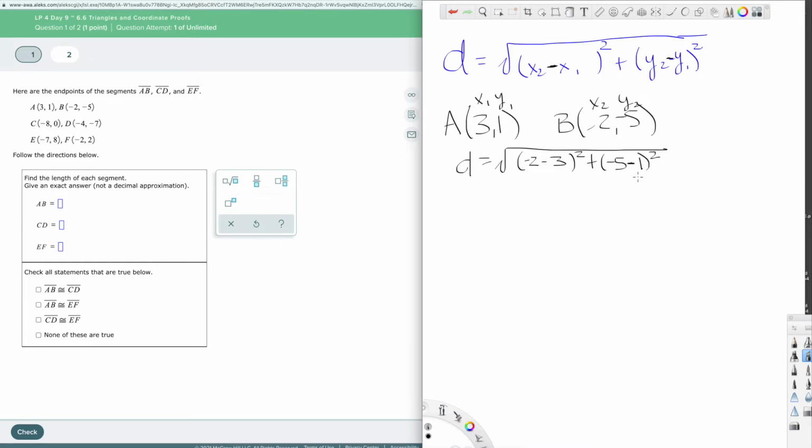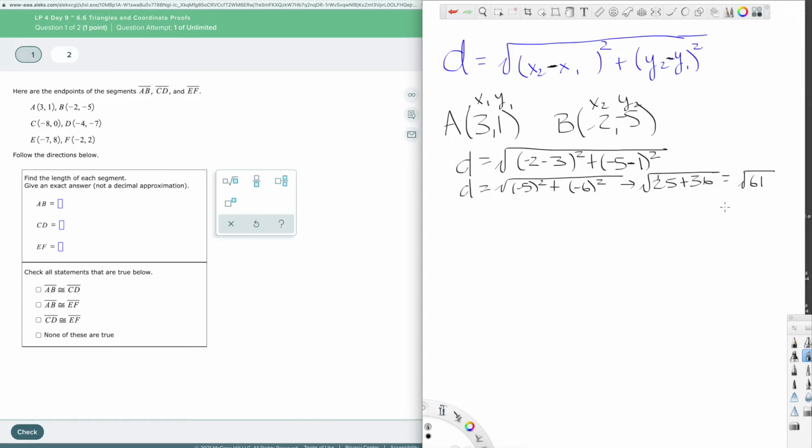So now I have distance equals -2 minus 3 is -5, plus -5 minus 1 is -6. I'm just going to write this way so I have a little more room. So this is going to be the square root of 25, -5 squared is 25, plus -6 squared is 36. That's going to give me 11, so 61.